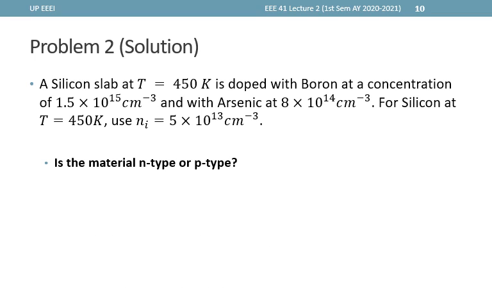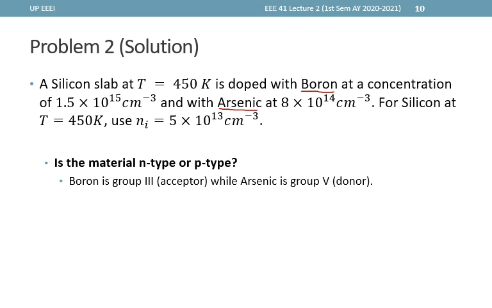For the first question, is the material n-type or p-type? Note that for this problem, we are given two dopants in the form of boron and arsenic. Boron is group 3, so it is an acceptor dopant, while arsenic is from group 5 and therefore must be a donor dopant.